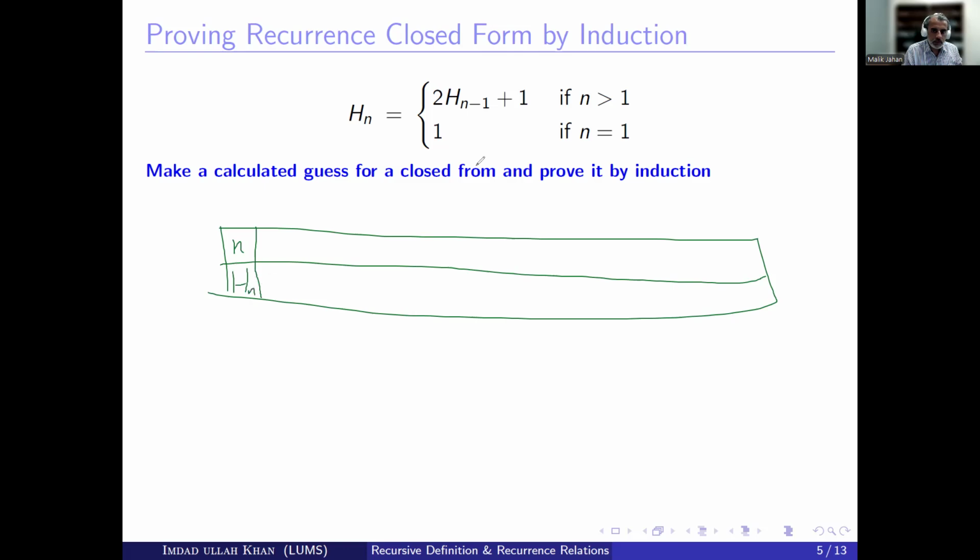So n starts with the base case. When n is 1, your answer is 1. When n is 2, try to plug in n equals 2 over here. That is dependent on the previous number, which is 1 in this case. Twice that number plus 1 is 3. That means that if we have 2 disks, we need 3 moves.